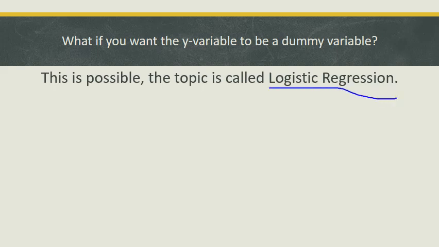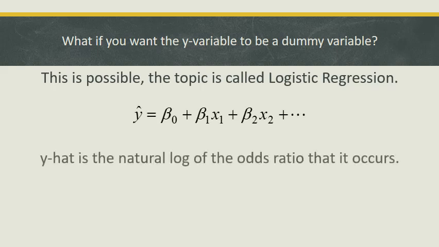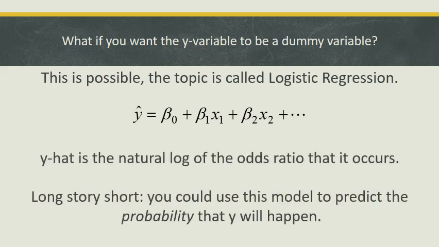This is regression where the y variable is an indicator variable, so just ones and zeros. You have to use a completely different method called maximum likelihood, but you can develop a regression equation for the odds ratio of it happening. Basically, we can analyze something that either does or does not happen and study how the probability changes based on the x variables.